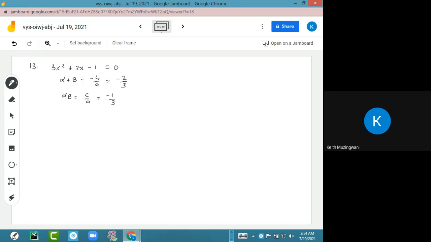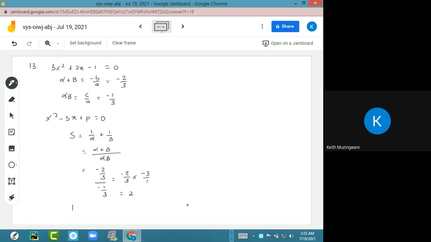Then what is happening? We want an equation of this nature, x squared minus sx plus p is 0, where the s is coming from 1 over alpha, which is the reciprocal of alpha, plus 1 over beta, the reciprocal of beta, but this is just alpha plus beta over alpha beta, which is negative 2 over 3 over negative 1 over 3, which is negative 2 over 3 multiplied by negative 3 over 1, which is positive 2.